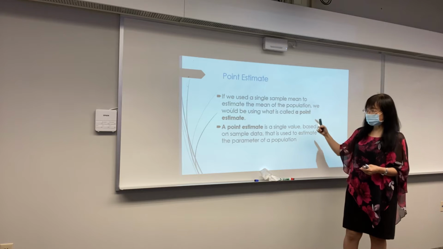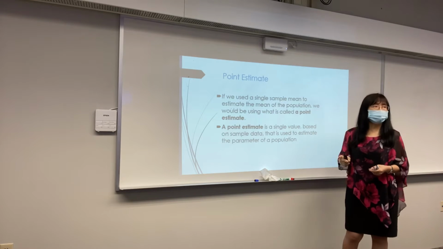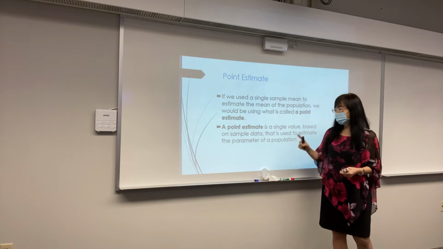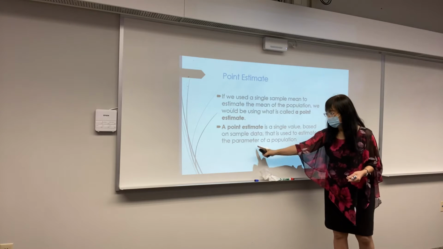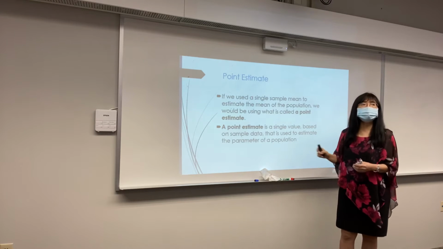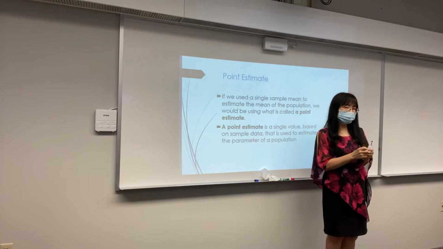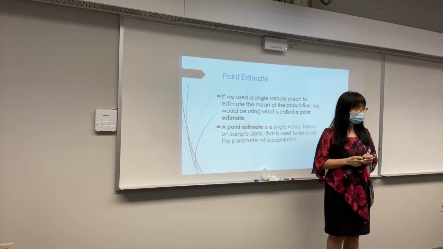Okay, point estimate. And that is the definition of point estimate. It's a single value, based on sample data, that is used to estimate the parameter of the population. So use the mean of your sample to predict the mean of the population. Okay?